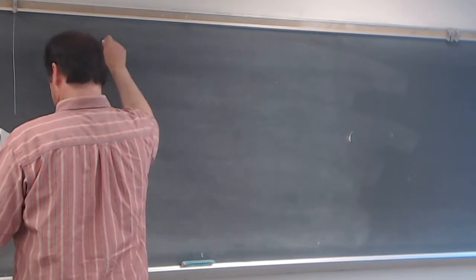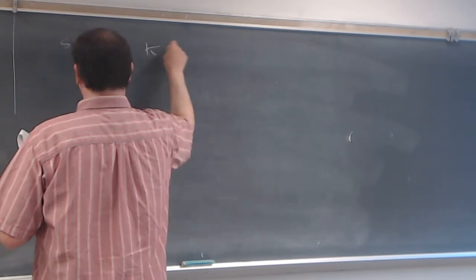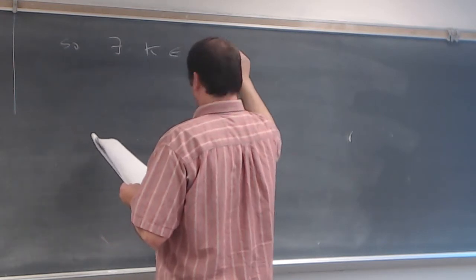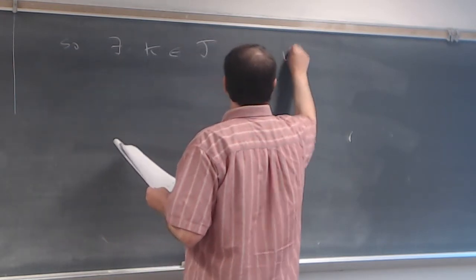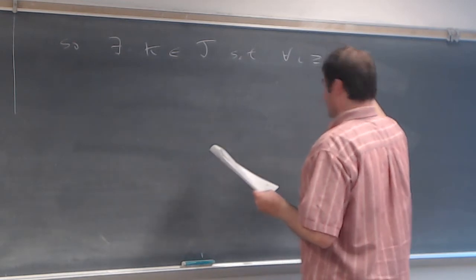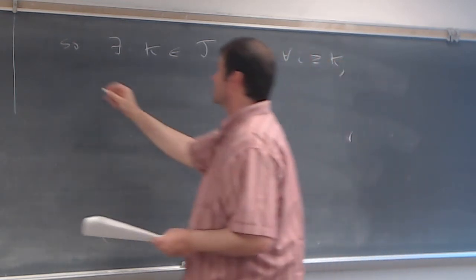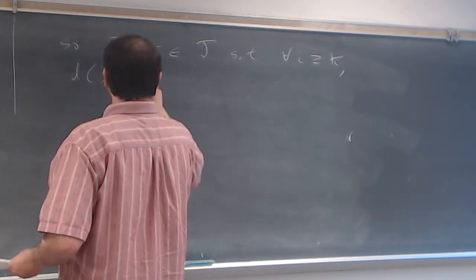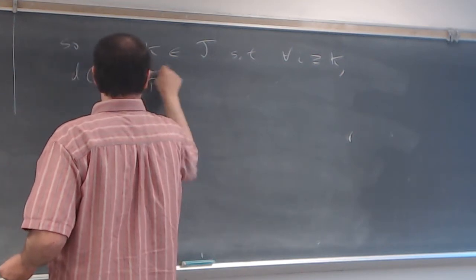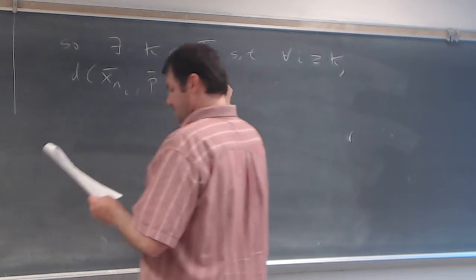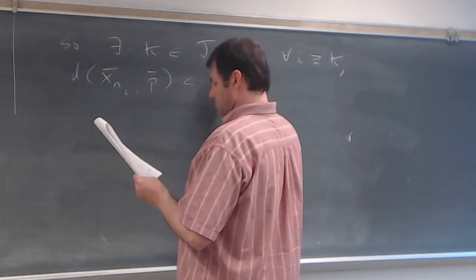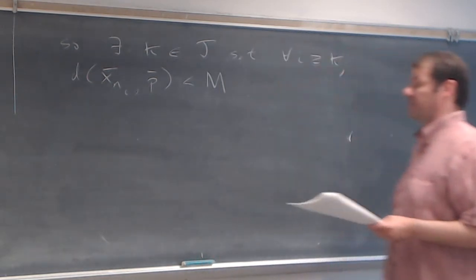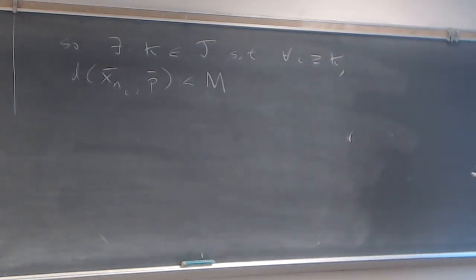So, what that says is there exists a K that's a natural number such that for all i bigger than or equal to this K, the distance between x sub n sub i and P will be less than whatever number I'd like, and let's say that's M, any positive number I like.